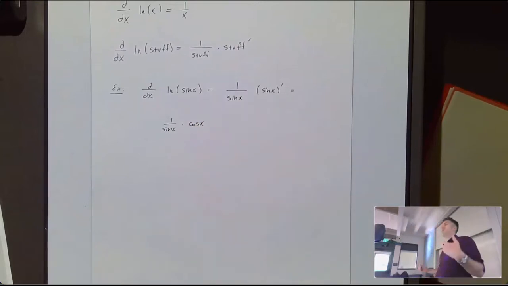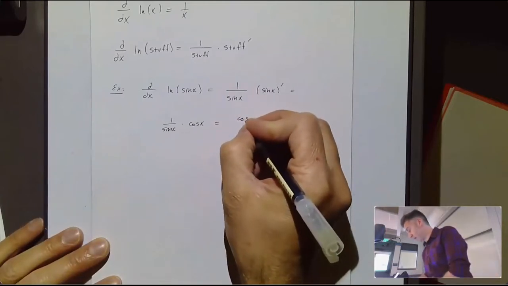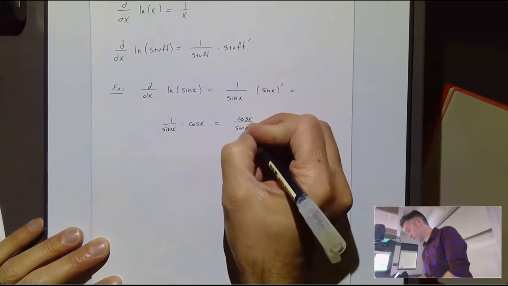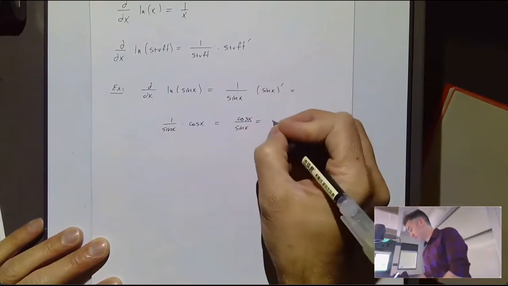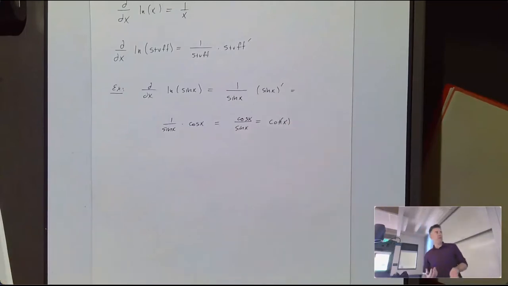Although it's perfectly fine to leave the answer like this, it does bear simplification. We could rewrite this as cosine x over sine of x, which is cotangent of x. Not necessary, but worthwhile.